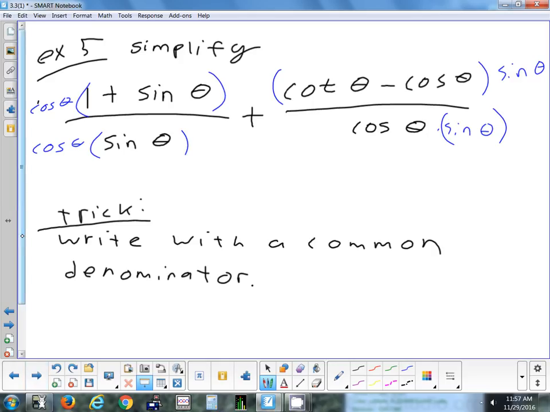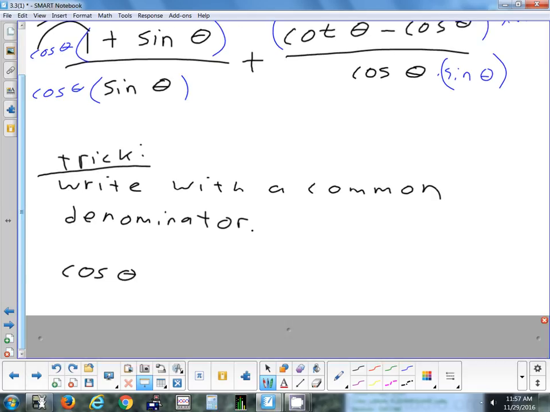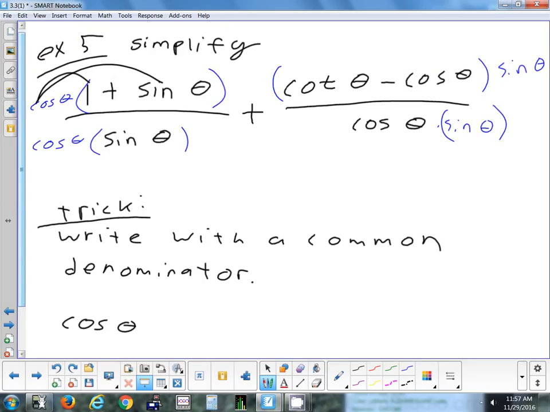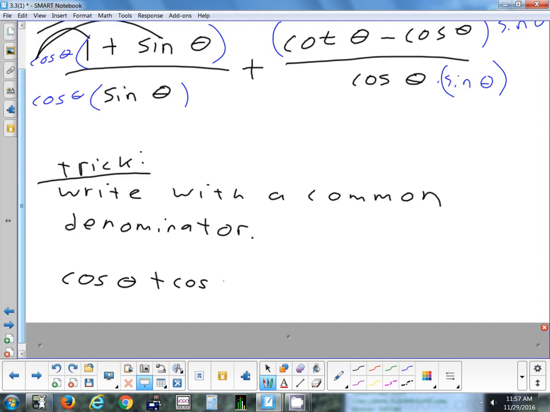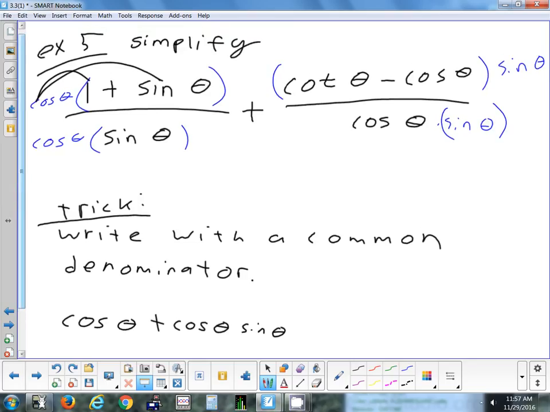Okay. What's cosine times 1? Cosine. What's cosine times sine? Don't think too hard about it. Just cosine times sine. Yeah. And you might look at it and say, well, why did he do that out? And it's because I'm seeing a negative cosine sine here, and I see a positive cosine sine here. So I'm just seeing if I do it out, something's going to disappear.